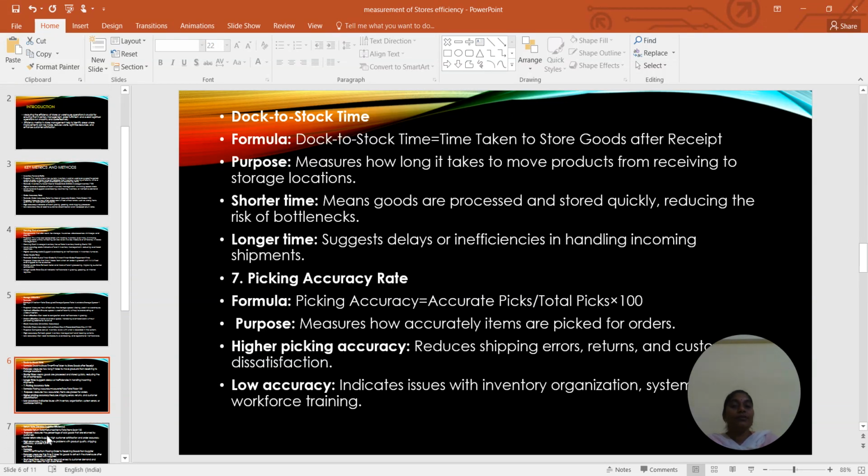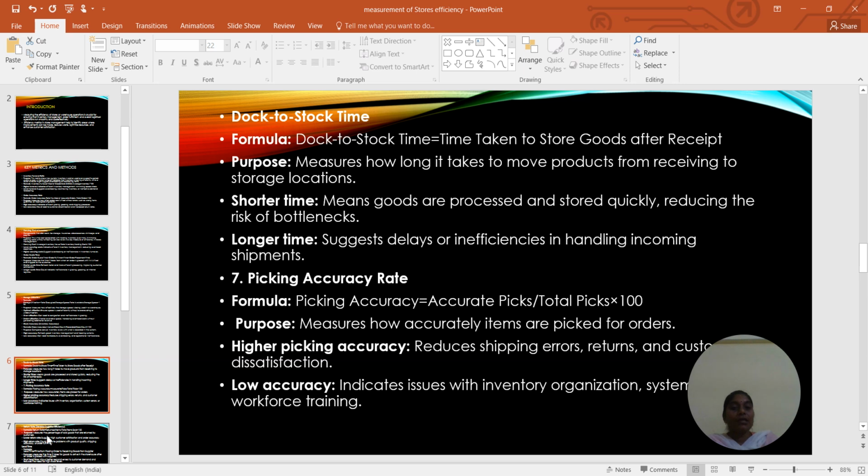Next, move to another one, dock to stock time. Dock to stock time measures how long it takes to move the products from receiving to storage locations. Shorter time represents that goods are processed and stored quickly, reducing the risk and bottlenecks.